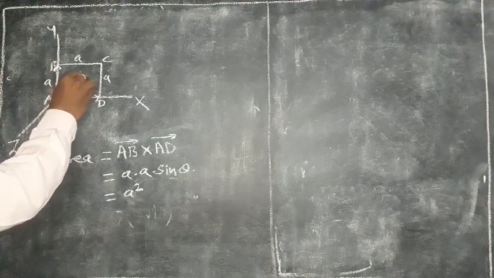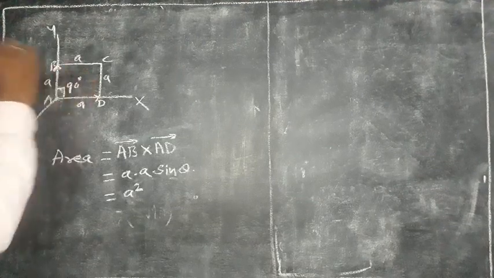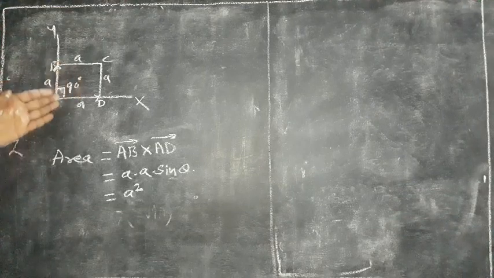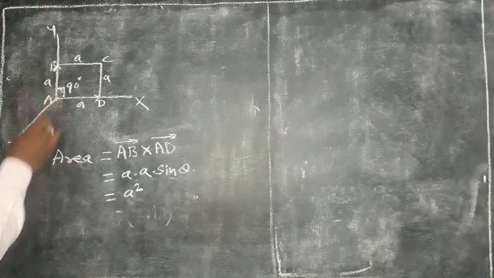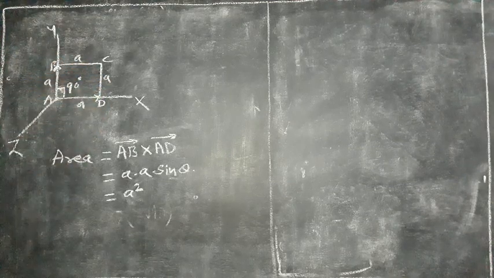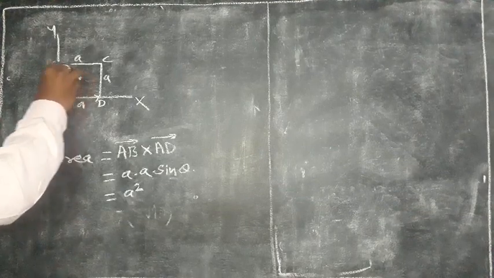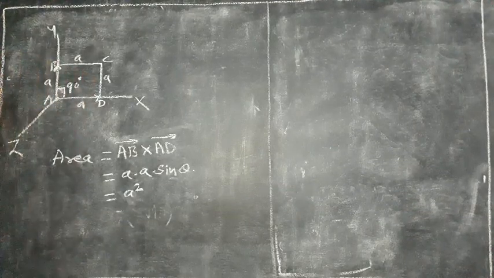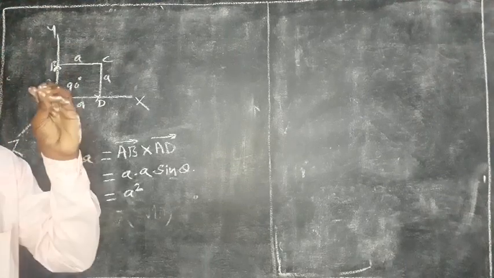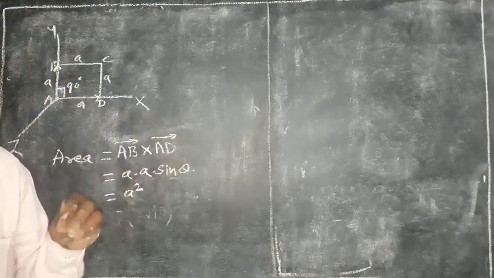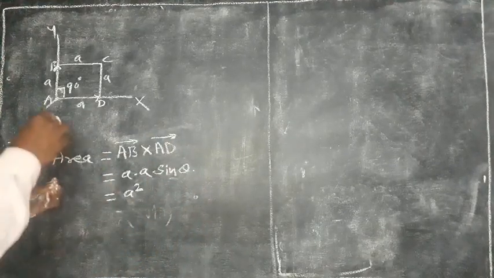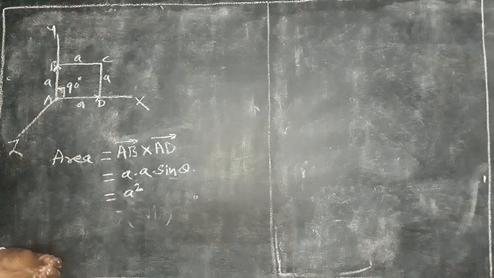And the direction of the area vector is always perpendicular to the surface and perpendicular to both the vectors. Hence, area vector is outward normal or inward normal for 2D surfaces, and for 3D surfaces or closed surfaces only the outward normal is considered as area vector.